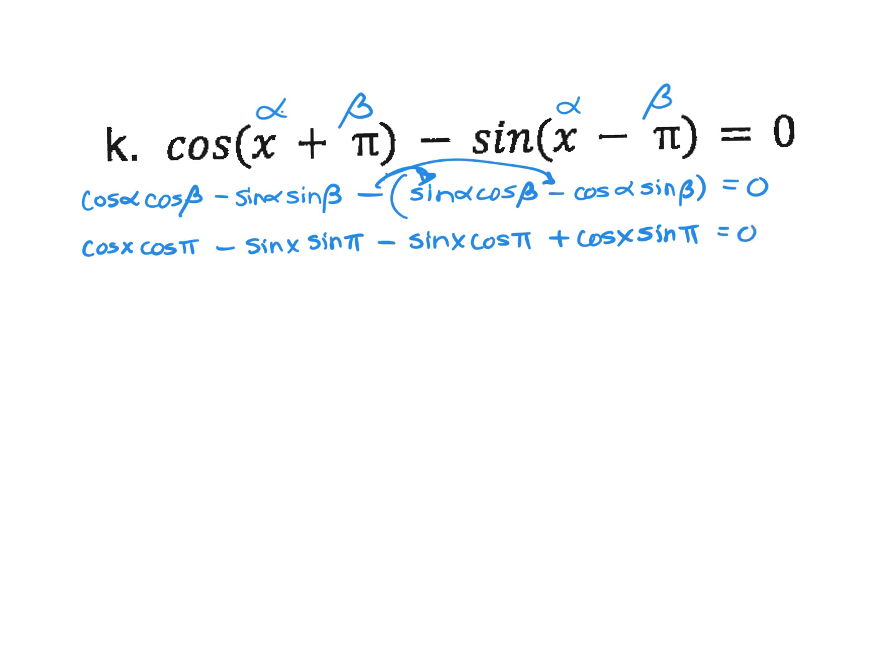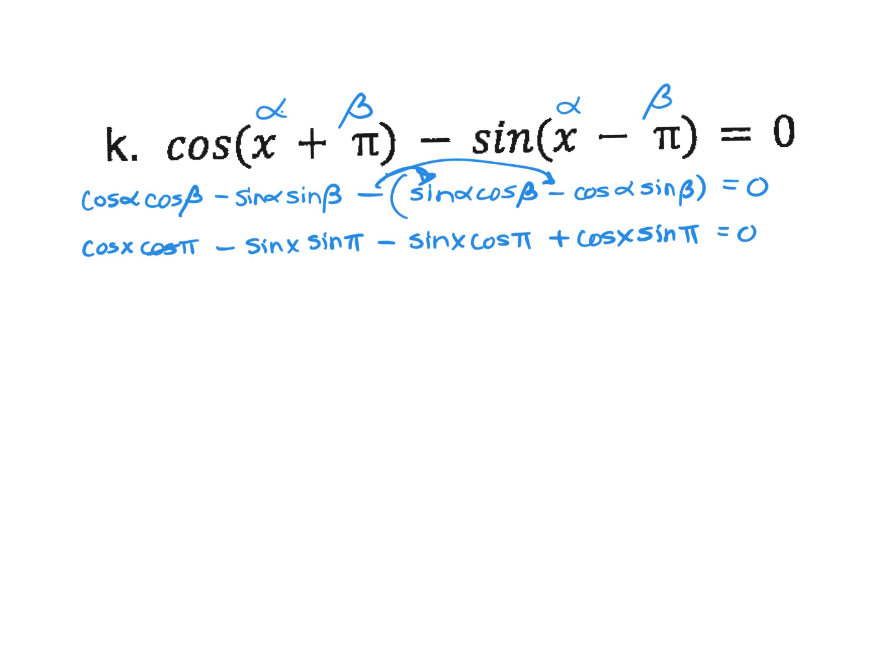Does anybody see? Finish writing this down and then look at it. Does anybody see anything that can make stuff go away? What will help some stuff go away? Well, what's cosine pi? -1.